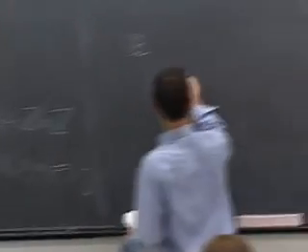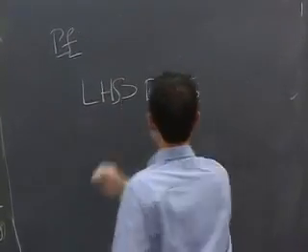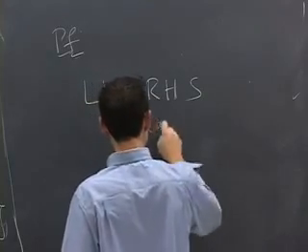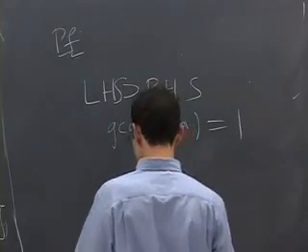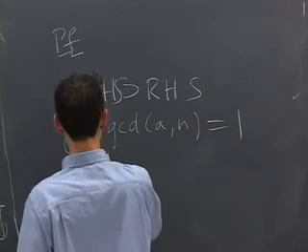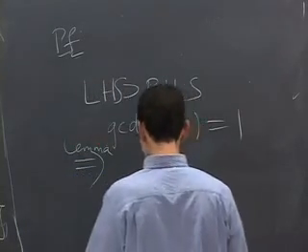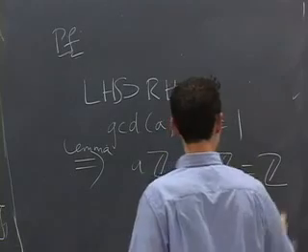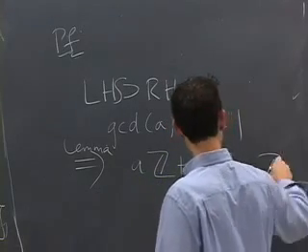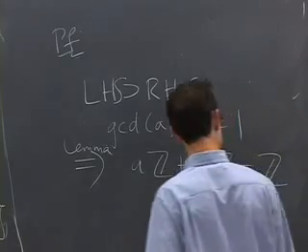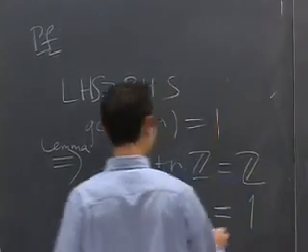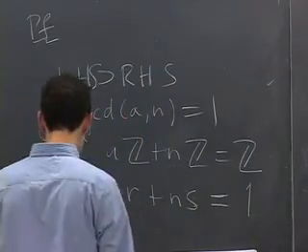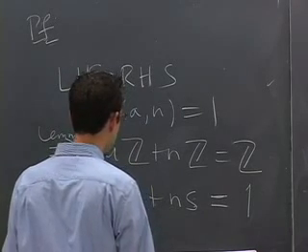So first, the right-hand side is included in the left-hand side. Well, if I have gcd(a, n) equals 1, then the lemma implies that aZ plus nZ equals Z, or put another way, 1 is in here, so I can write 1 as ar plus ns for some r and s.